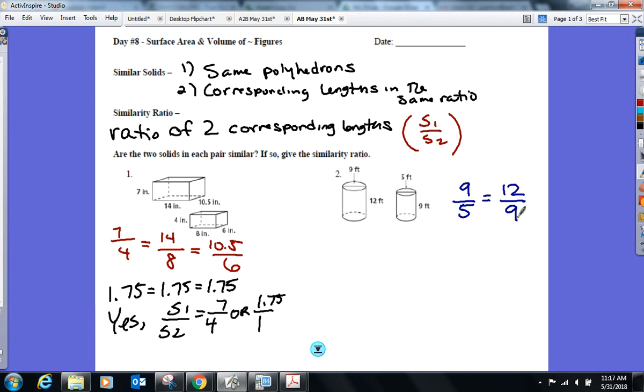Does 9 over 5 equal 12 over 9? No go. So these are not similar. All right, so all good that they're testing if they're similar or not. Just match up all the corresponding lengths and see if they're all in the same ratio. Questions, comments, concerns?